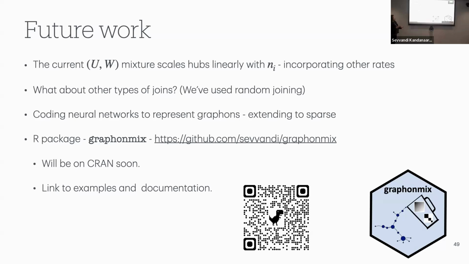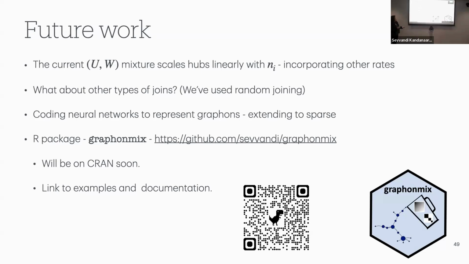The other types of join: right now we've used random joins, maybe other types of joins are better. Also, right now in these mixtures the hubs' degree scales linearly, so how do we incorporate other rates? And then having neural networks to represent the graphon.